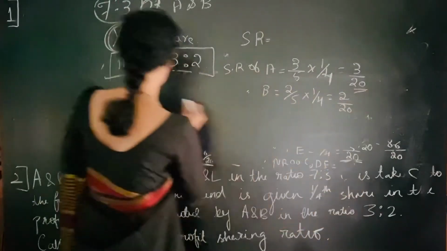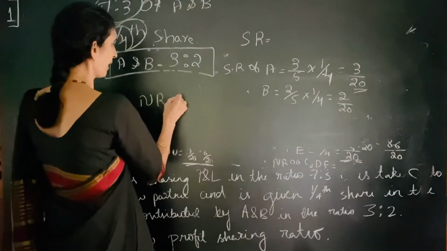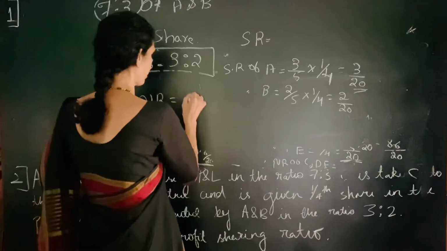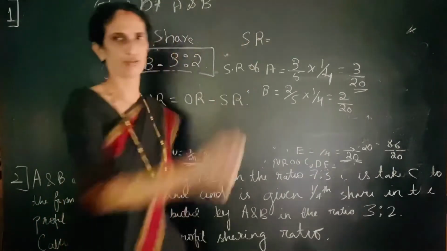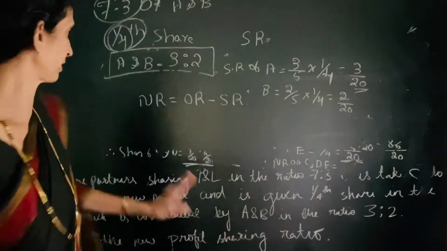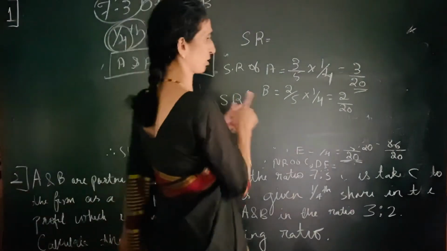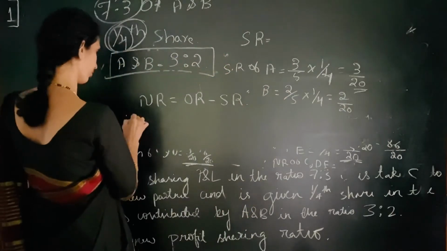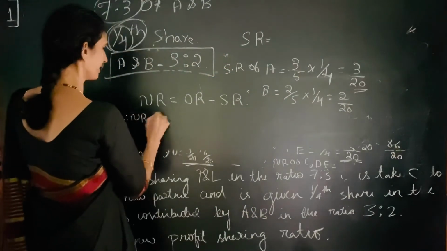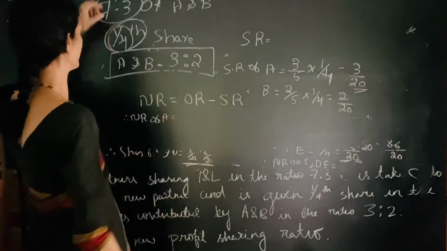Now we have to calculate the new ratio. Apply the formula: new ratio is equal to old ratio minus sacrifice ratio. Now we can easily calculate the new ratio. Therefore, new ratio of A is equal to, what is the old ratio?